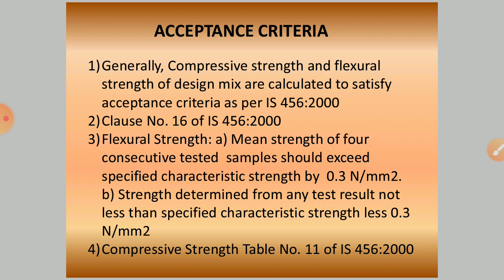For flexural strength you have to cast a beam. This is the first criterion: the average of 4 consecutive samples should exceed the characteristic strength by 0.3 Newton per mm square.